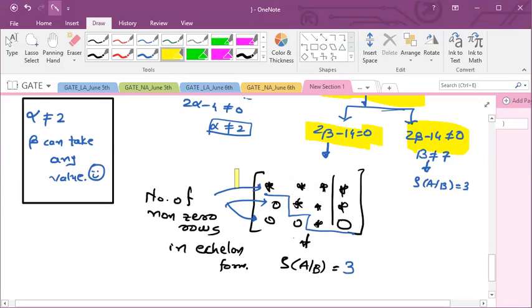And when the row number increases, the number of leading zeros should increase. From the first row to the second row, the leading zero count increases, and from the second row to the third row, the leading zeros are 2. So when the number of rows increases, the leading zeros increase. So yes, it is row echelon form. And what is our shortcut to check row echelon form? This staircase. Isn't it row echelon form from this staircase?